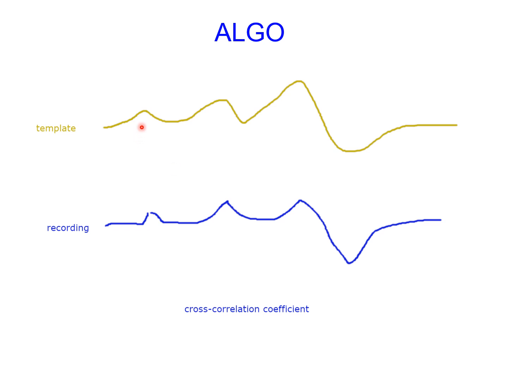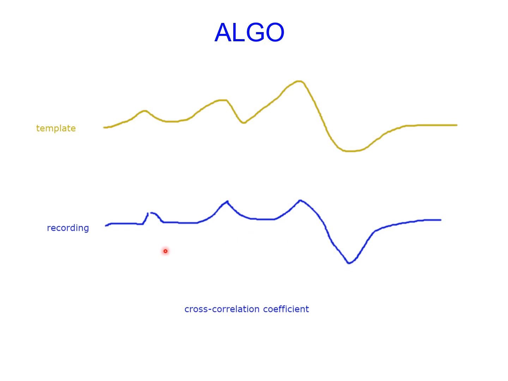If the template goes up by this amount and the recording also goes up by a similar amount, and similarly if the template goes down by a similar amount and the recording also goes down by a comparable amount, then there will be a very good cross correlation coefficient.